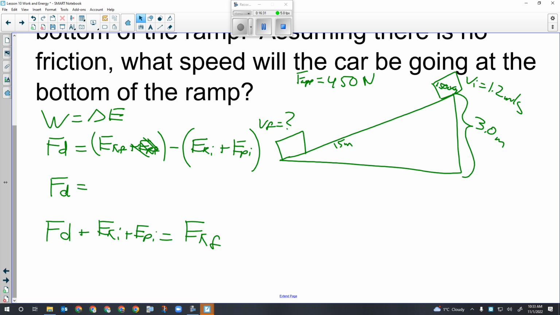When I say that out loud, that makes sense. Work is a change in energy, and if I add it to the energy I had at the beginning, it should tell me the energy I have at the end. Everyone okay with that logic? All right. So now, I'm looking for something that's part of EKF.